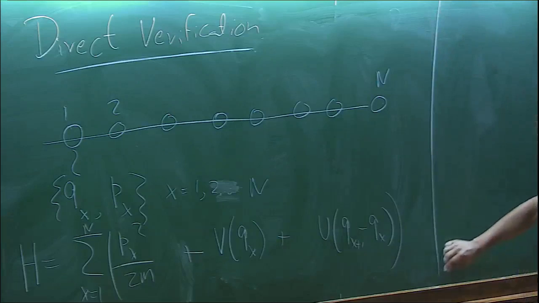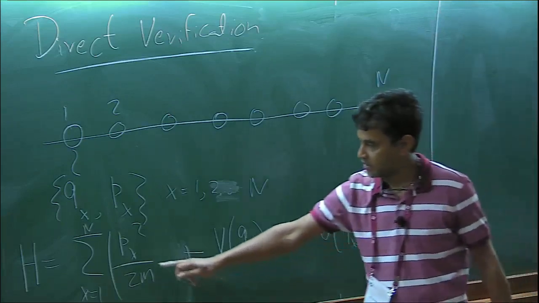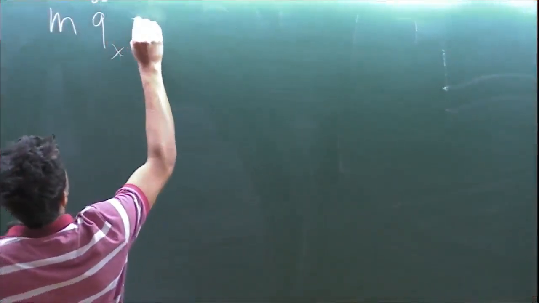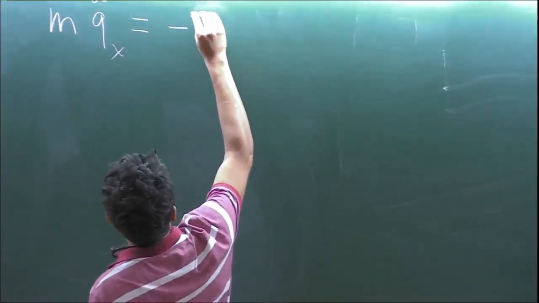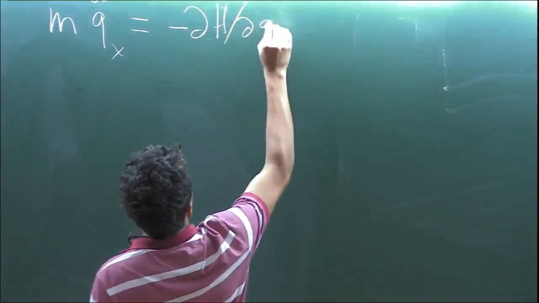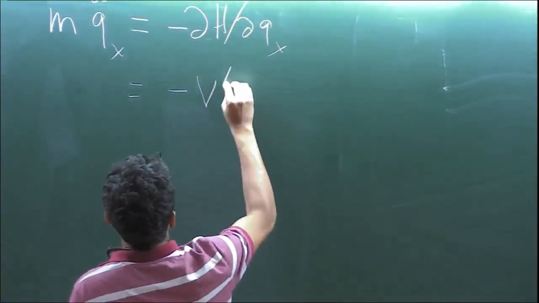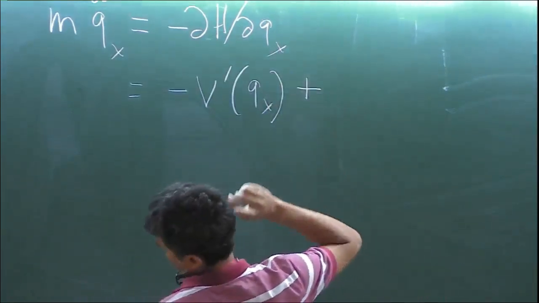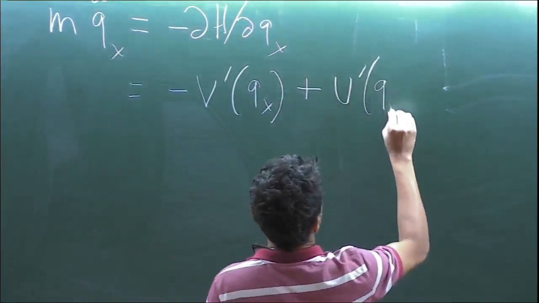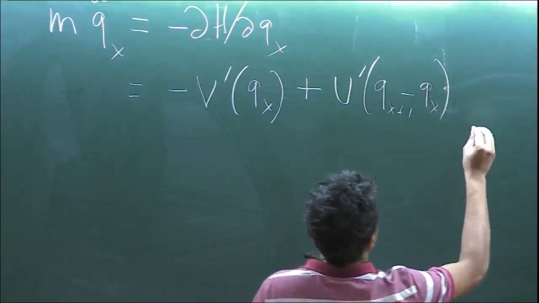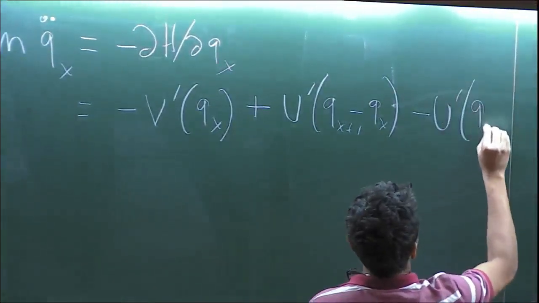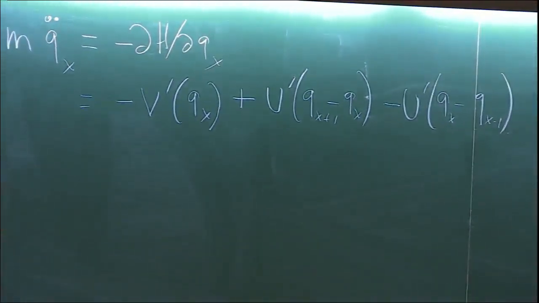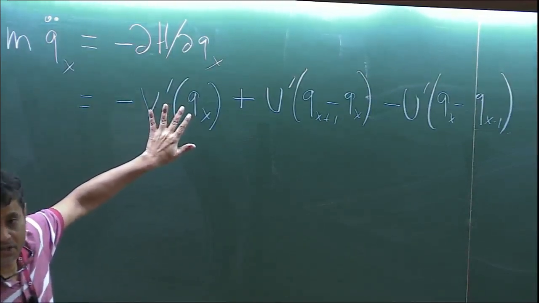And then of course, what are the equations of motion? So the equation of motion for the particles is m qx double dot equals minus del H by del qx. Okay, so this V prime just indicates the derivative with respect to the argument.